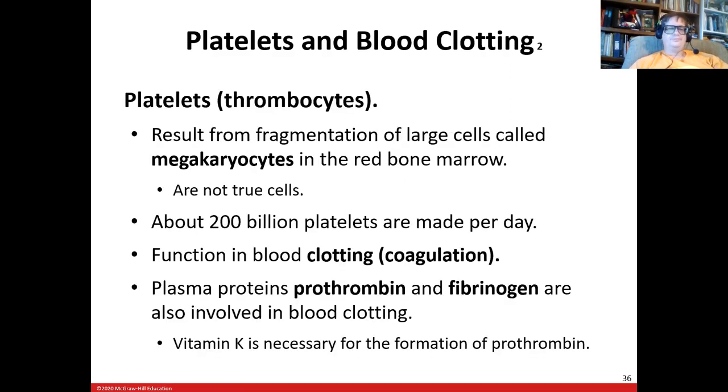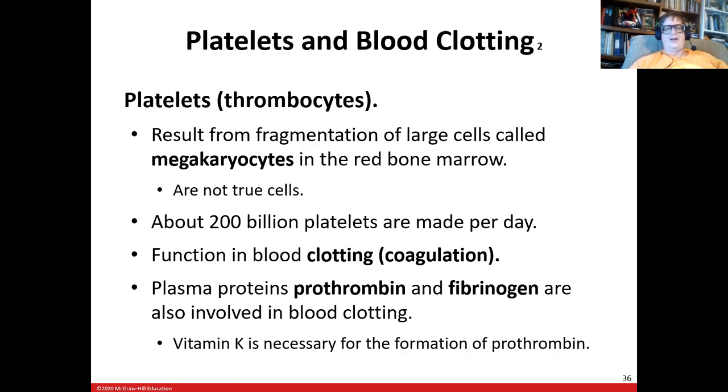Thrombocytes are pieces of blood cells called megakaryocytes. They're not cells, they're chunks of cells. And the megakaryocytes are not actually supposed to be out of the bone marrow. Anyway, you make about 2 billion platelets every day, and they are one of the main things in clotting.